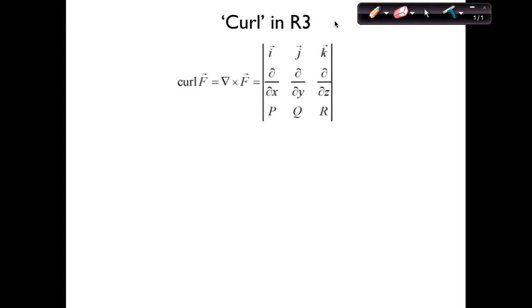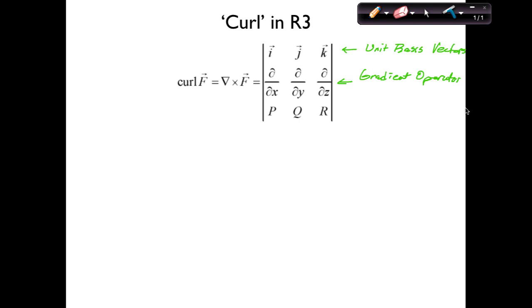We make a matrix of the unit basis vectors, that's your top row. And then this is like an operation, where we take the partial derivative. They're not quantities in themselves, so this is what we call the gradient operator. We're not actually multiplying when we do this determinant; it's telling us to take derivatives.